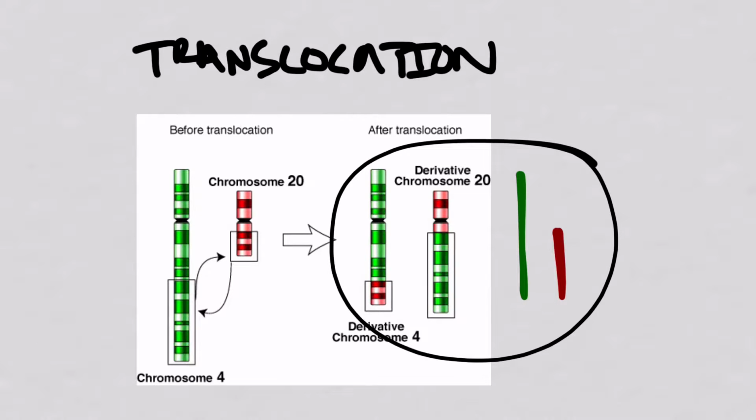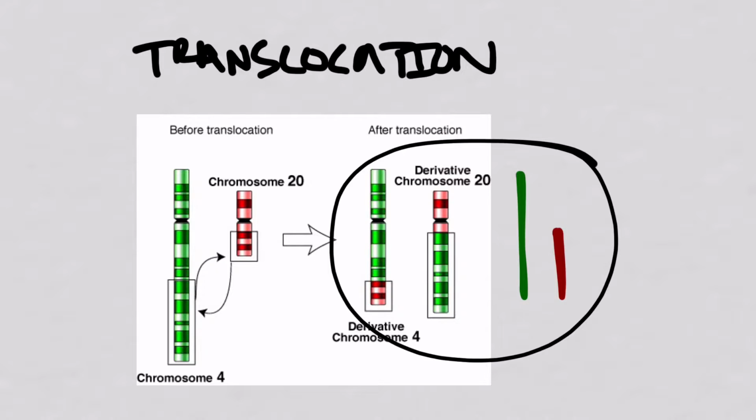They got this genetic information from their father and this genetic information from their mother, and if you look at this person, they have the full host of genetic information, meaning that they have all the information found on chromosome 4, so it's like they have 2 copies of chromosome 4, and they have all the information on chromosome 20, so it's like they have 2 copies of chromosome 20.